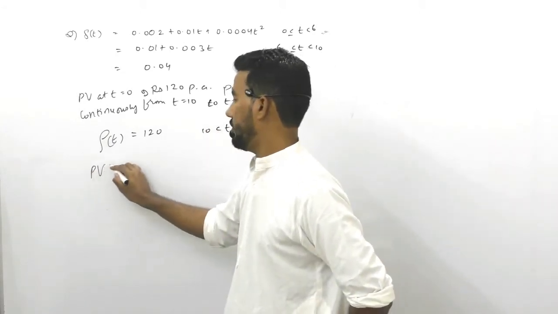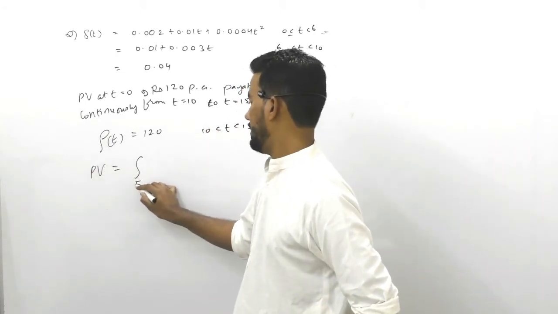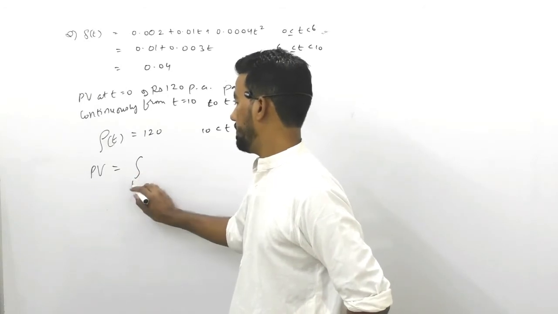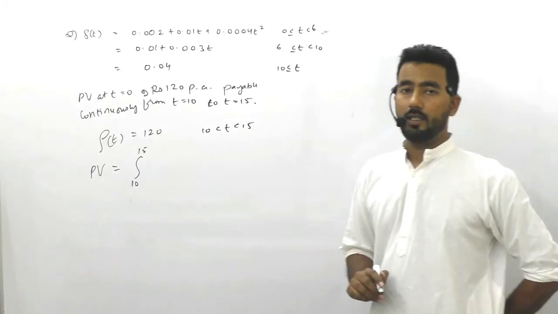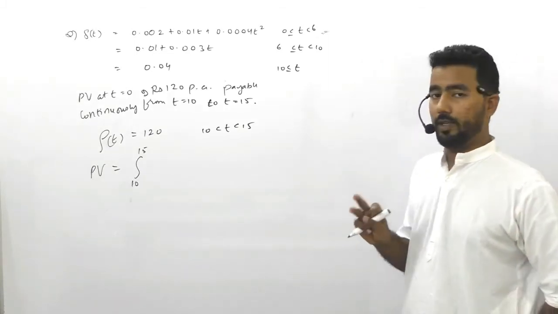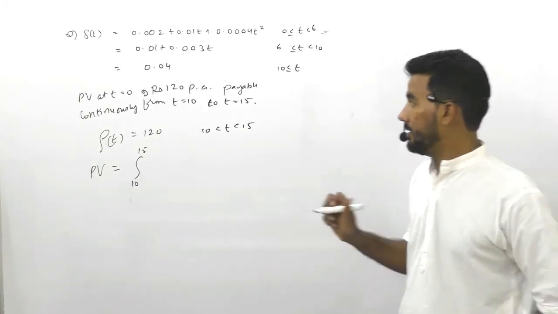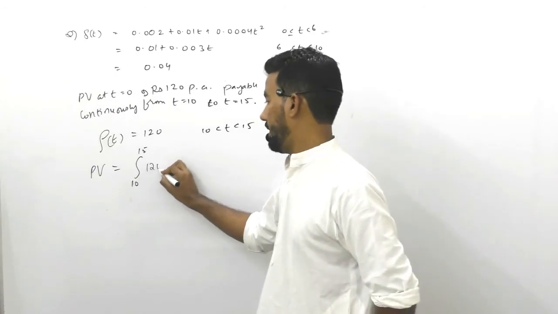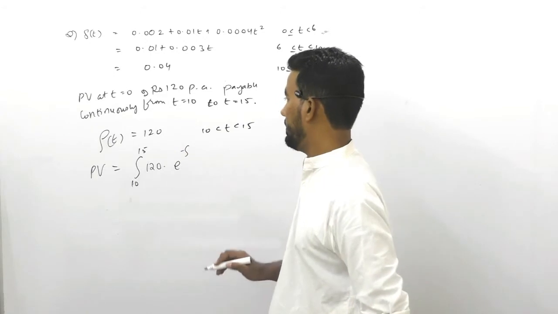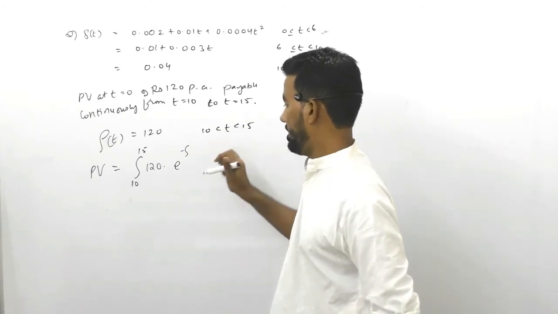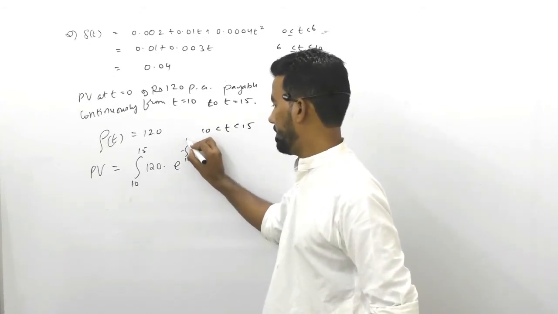So present value is, first again the limit should be the period the payment is being made, that is from 10 to 15. Now we have 3 force of interest, so we'll have 3 discount factors in the integral. So first of all the payment is 120, that's a payment stream. Then e raised to minus integration, we have to first discount everything to time 10 starting from time t.